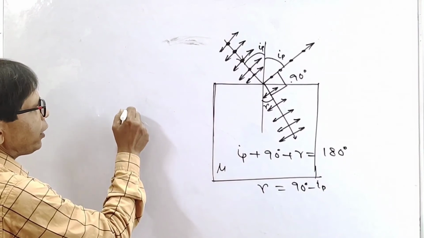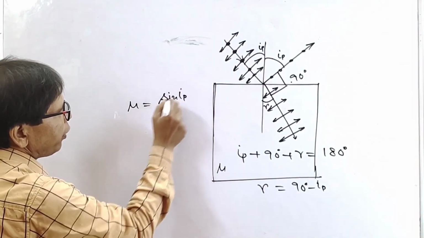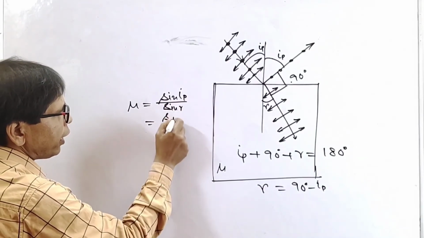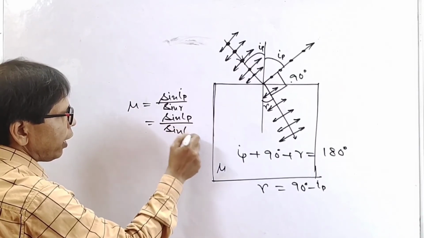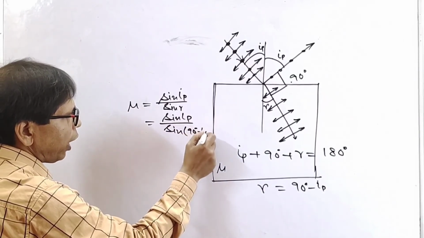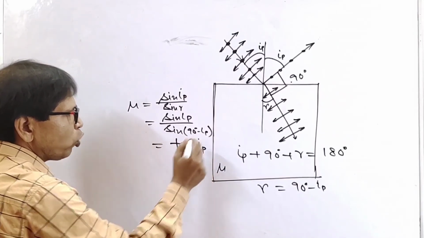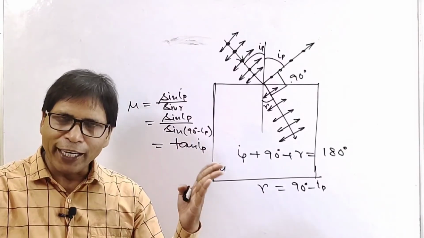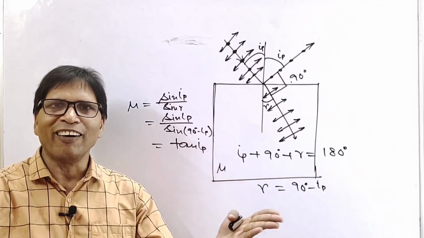Now applying Snell's law, mu equals sin IP divided by sin R, which is sin IP by sin of 90 degrees minus IP, which is tan IP. So the refractive index of the medium is the tangent of the polarizing angle. This statement is known as Brewster's law.